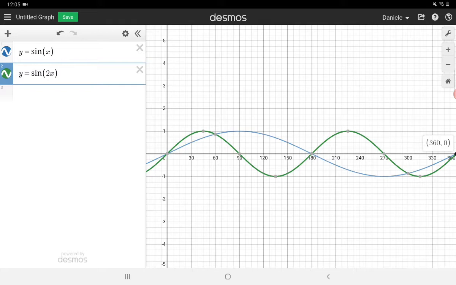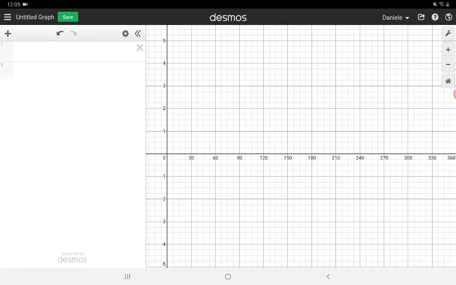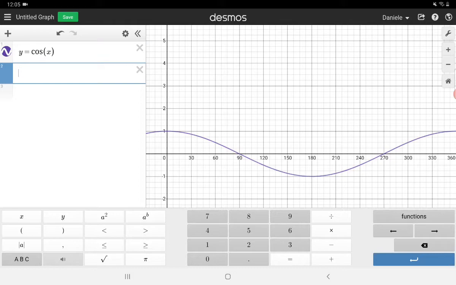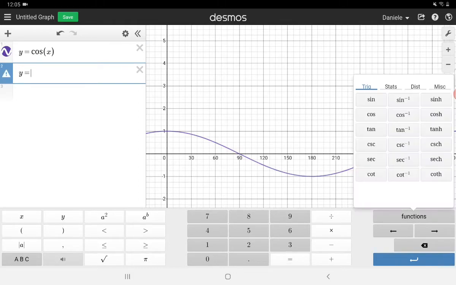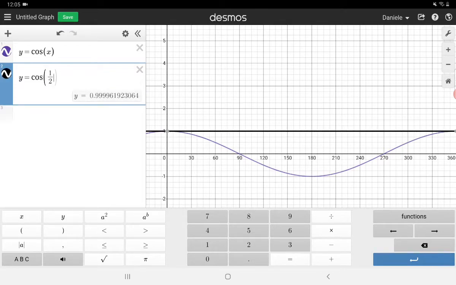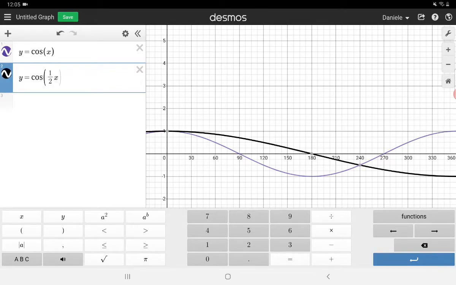So actually we're doing cos of x now, right? So let's go y equals cos x and y equals cos of 1/2 of x.